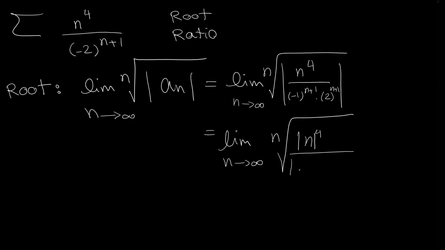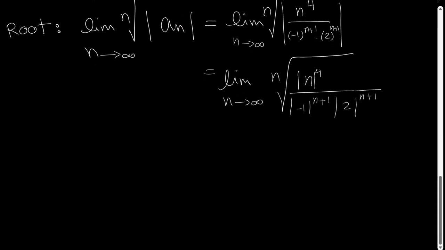Denominator is absolute value of -1 to power n plus 1, absolute value of 2 to power n plus 1, and you know that it is root n.